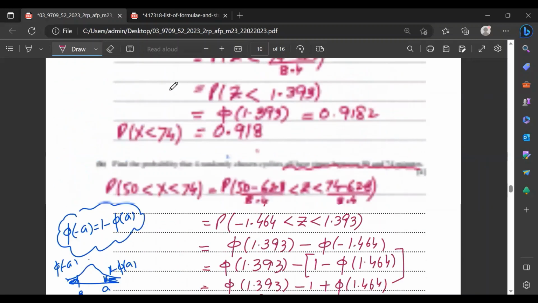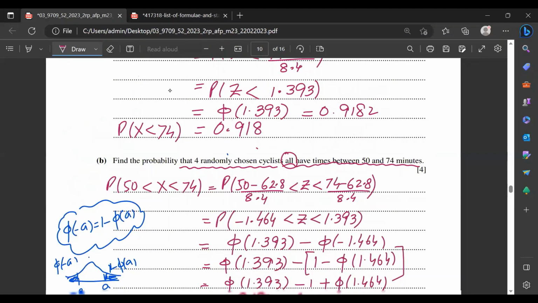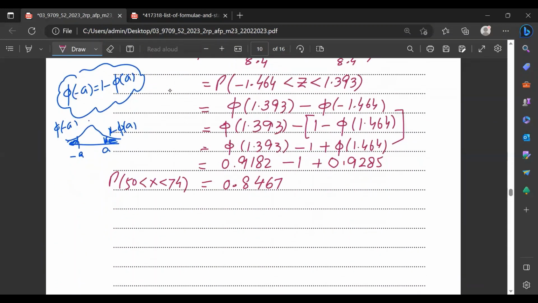The question was to find the probability that 4 randomly chosen cyclists all have times between these values. The first has this time, and the second, the third and the fourth.